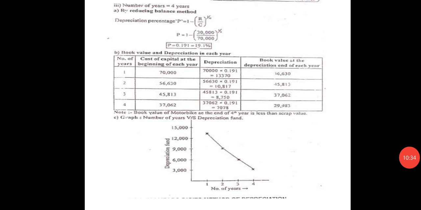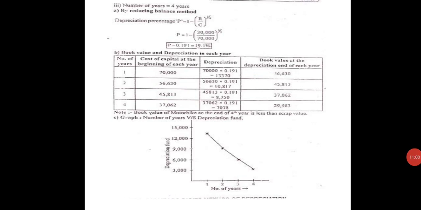If you look at this graph, you can see the graphical representation. As the years pass by, 1, 2, 3, 4 years, the depreciation fund keeps on reducing. Initially it is very high in the first year, second year reduced, third year reduced, and fourth year further reduced.